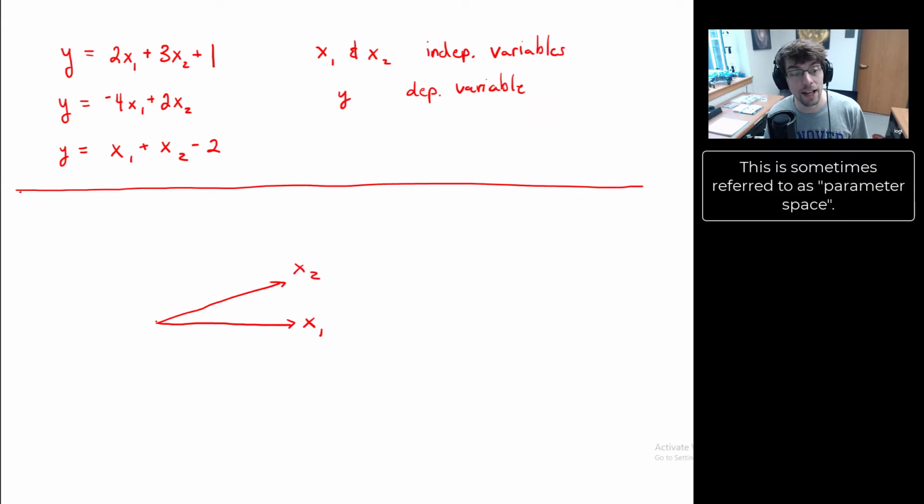And I need to have an axis for the dependent variable, what I called y. So inherently, if I want to use the graphical method to solve this system of equations, I have to do it in 3D space. One for x1, one axis for x2, and then one axis for the final dependent variable.